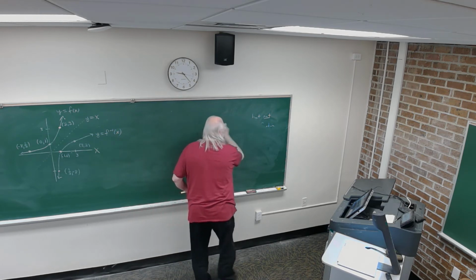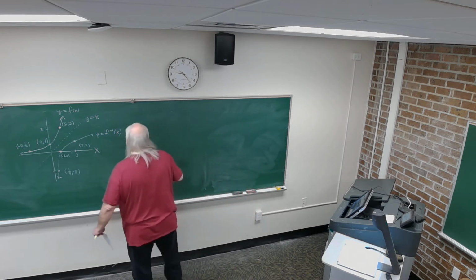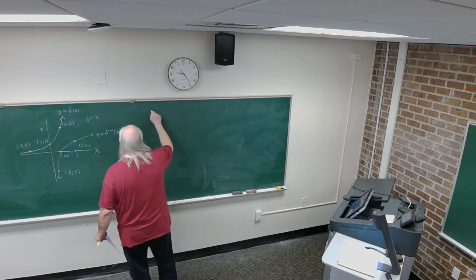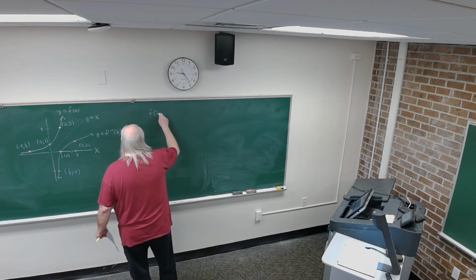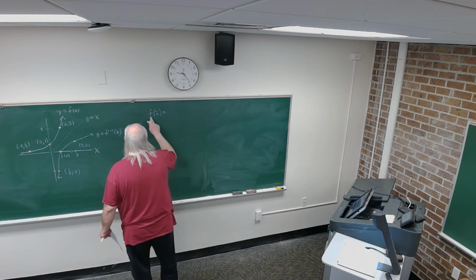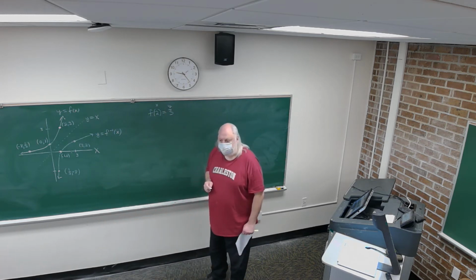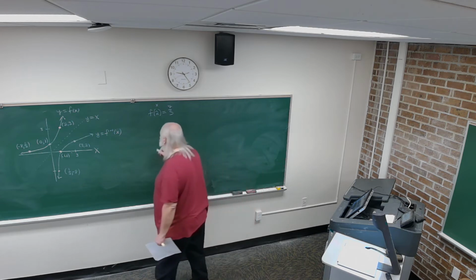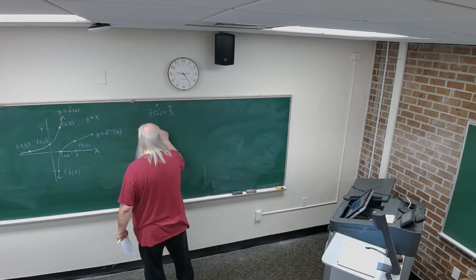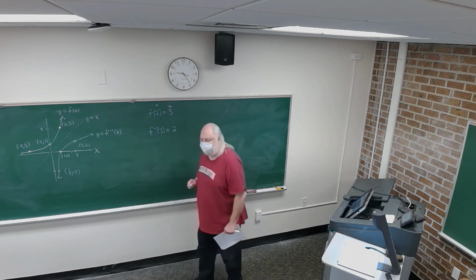The property we're going to use in solving this example is: if f of x is a one-to-one function, and we have the case where f at x equals 2 is equal to 3, so f of 2 is equal to 3, then f inverse of 3 is equal to 2.